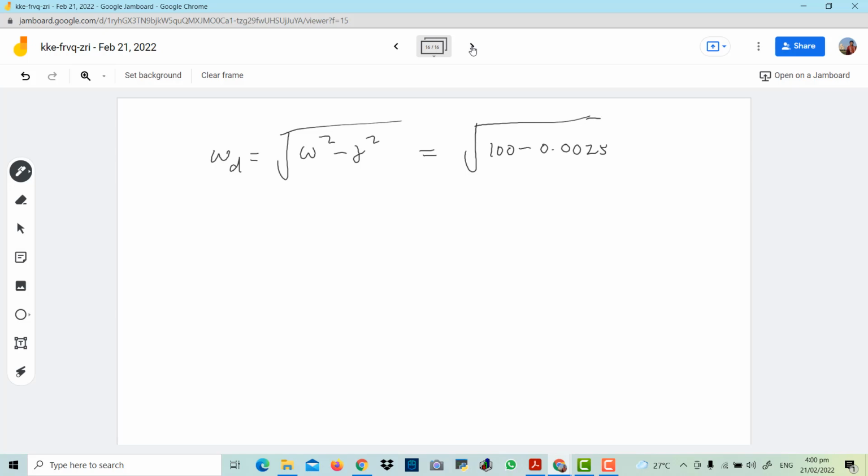Question is, where did this come from? This is equal to the square root of 100 minus 0.0025, which is approximately equal to 10.